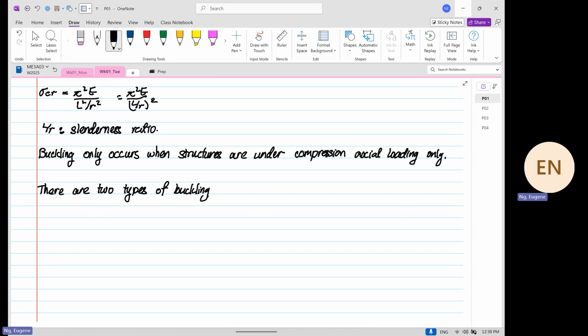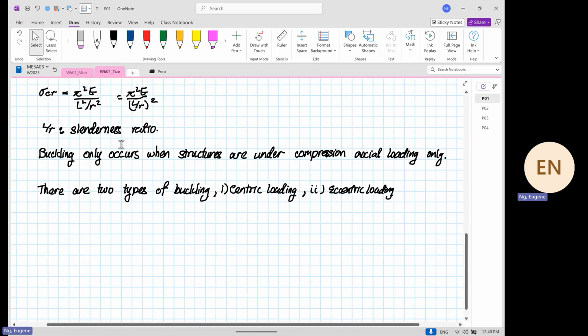One is known as centric loading, and the other one is known as eccentric loading. Okay, so what is the difference?